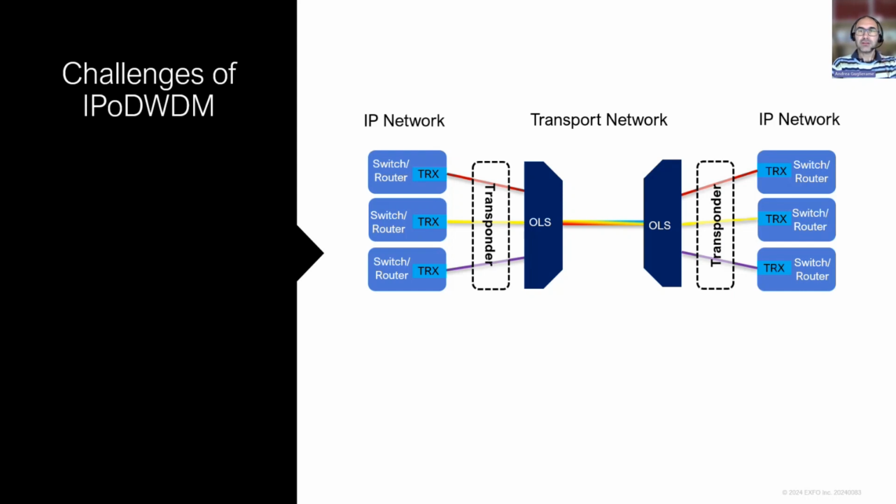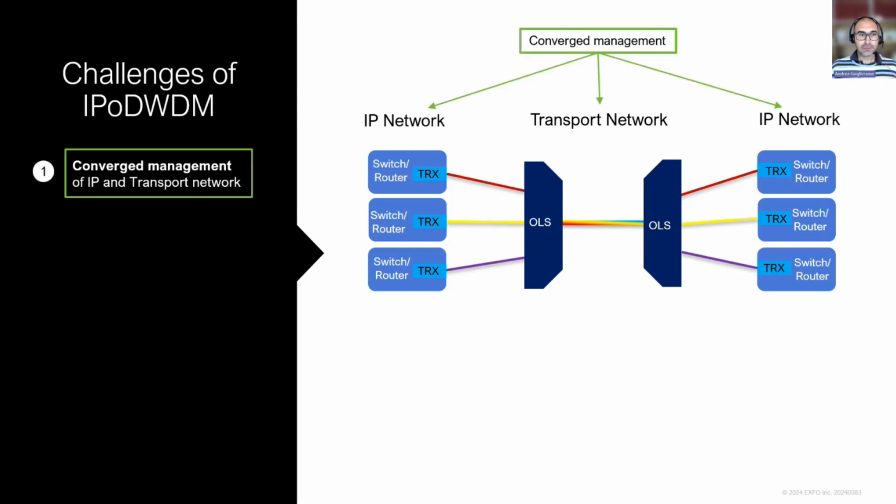As mentioned, in traditional architecture, the transport line card is acting as a demarcation point between IP and optical transport network. The first challenge of IP over DWDM is that this clear demarcation doesn't exist anymore once you move the DWDM optics into the switch and router, and a converged management of the IP and transport network is now required.